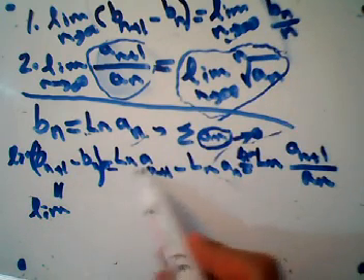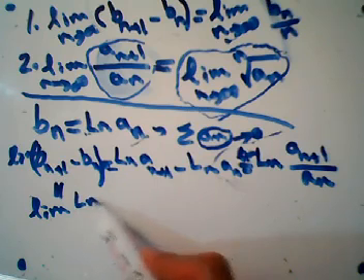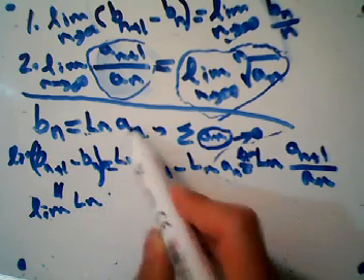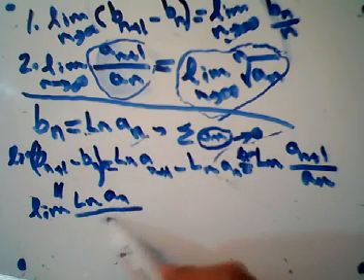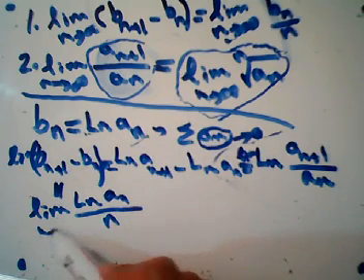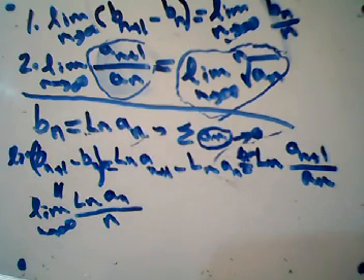What was b_n? b_n was ln of a_n, so ln of a_n over n, as n goes to infinity.